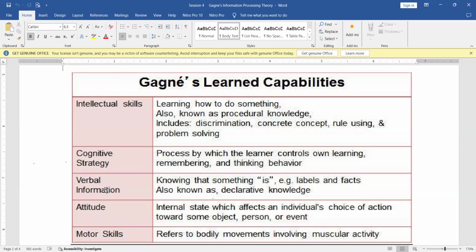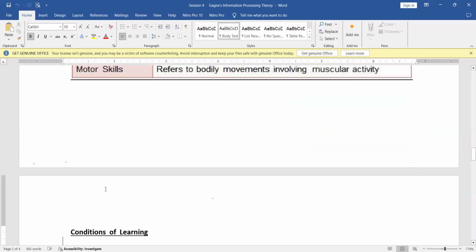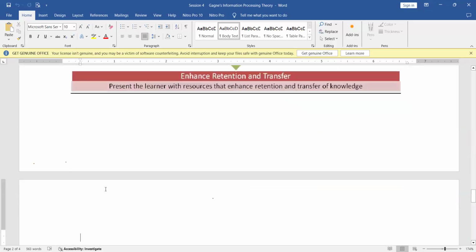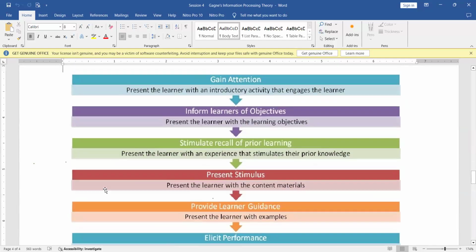Okay. Now we are looking at 9 events of instruction. Here. 9 events of instruction. Can you see what I'm showing? Yes, madam. If you take 9 events of instruction, Gagne is from the cognitive school of thought.